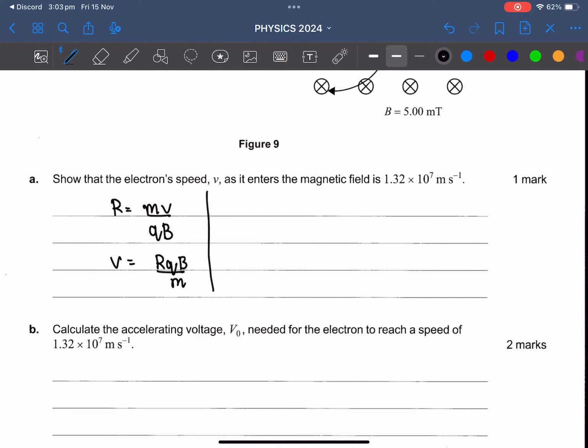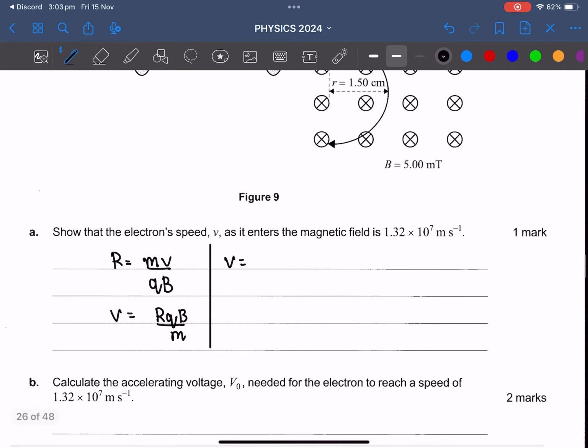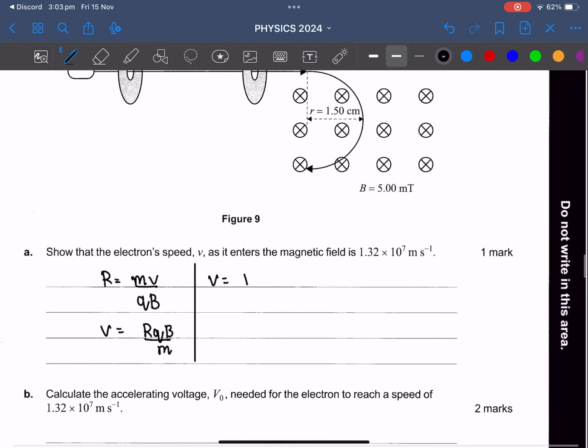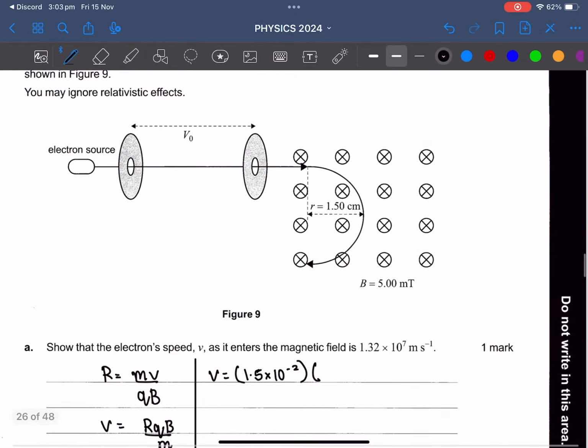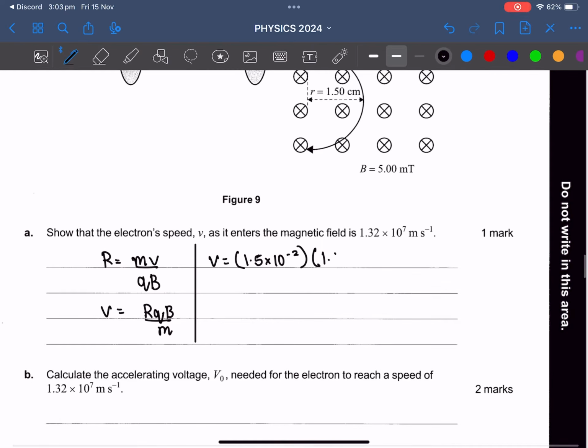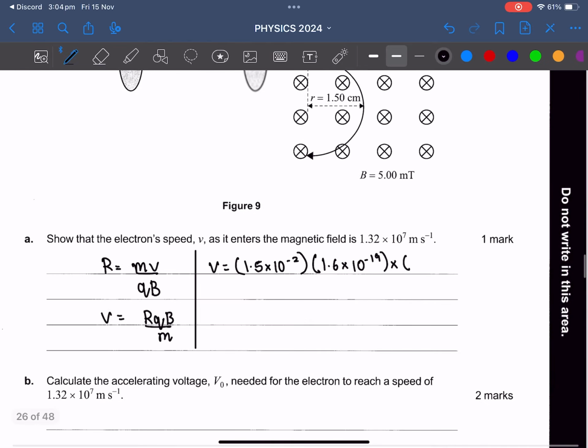Our radius is 1.5 times 10 to the negative 2, converted into meters, times q, the charge, 1.6 times 10 to the negative 19, times the magnetic field, 5 times 10 to the minus 3, all over the mass of an electron, 9.11 times 10 to the negative 31.